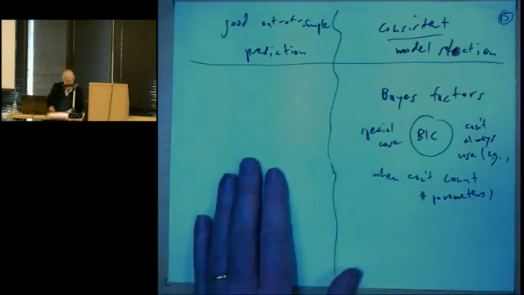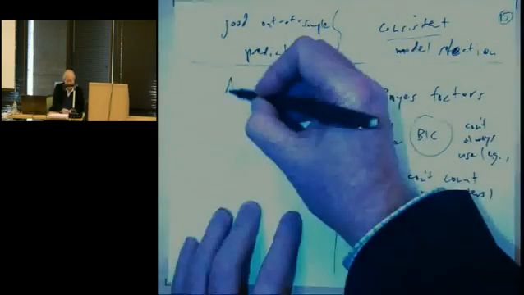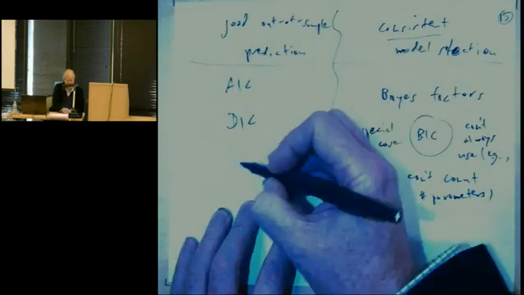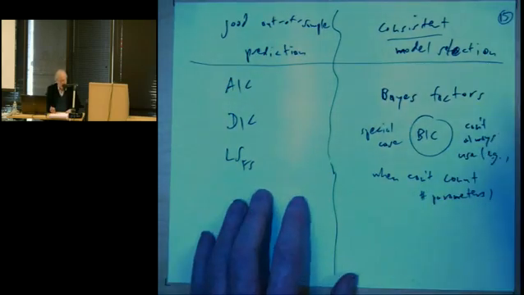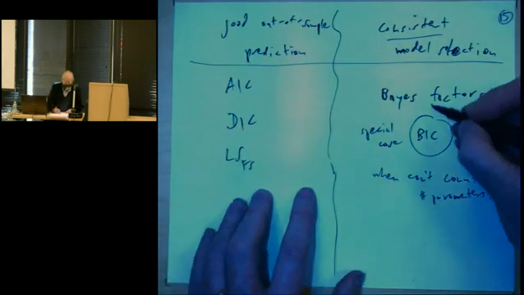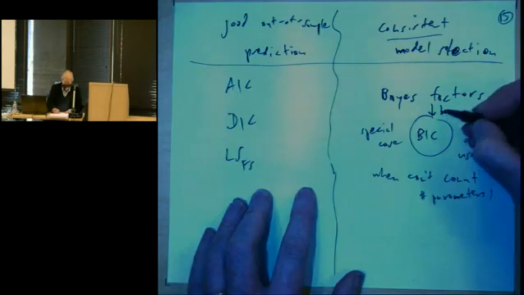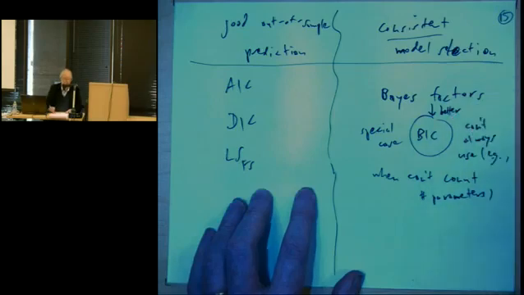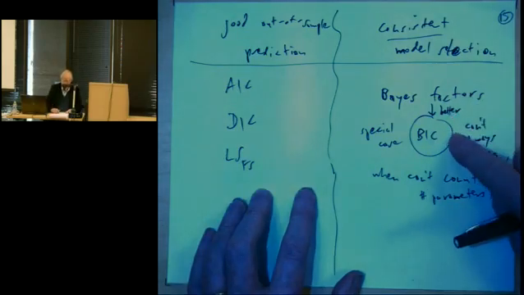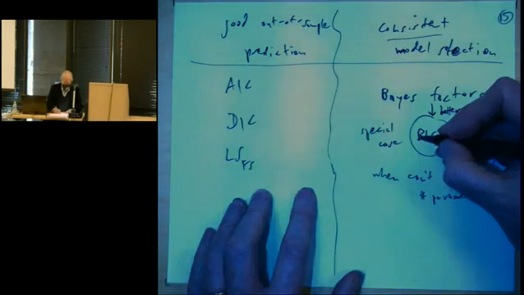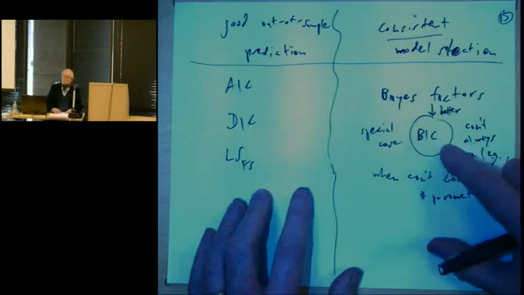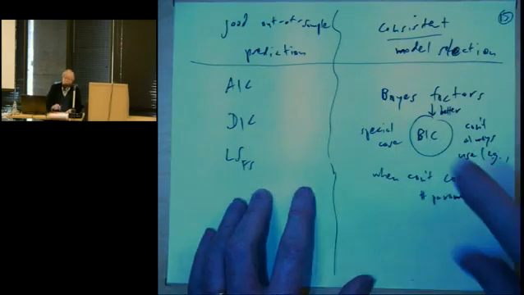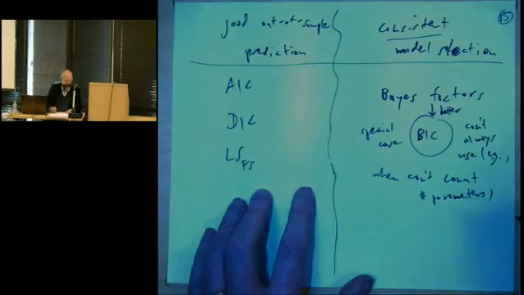Over here on the good out-of-sample prediction side, we have AIC, DIC, and full sample log scores. And there's a direct progression. For me, there's a direct progression from the general idea of Bayes factors to the specific of BIC in the direction of better, because, as I've told you, BIC does not even allow you to mess about with the prior distributions on the parameters inside each model. It basically dummies them out of the calculation in a way that makes sense to me. It's that unit information prior idea.